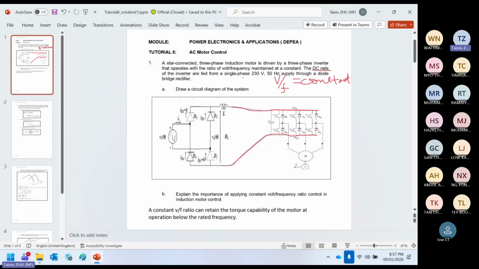Now, the question asks you to draw the circuit diagram. Draw it like this. When you draw this, we add a filter. Remember I said the inductor plus this capacitor together behave like a low pass filter.